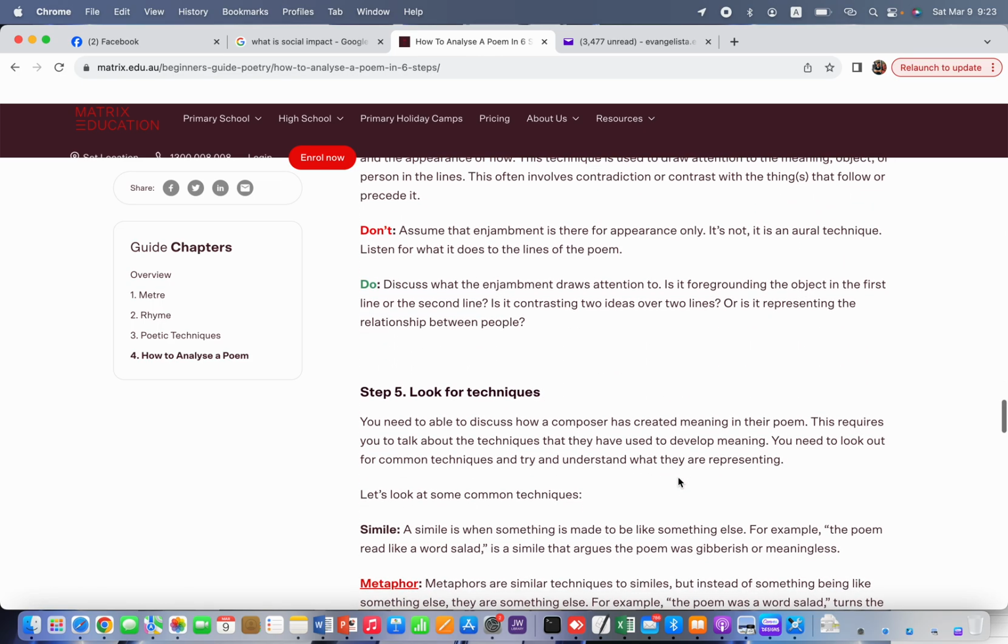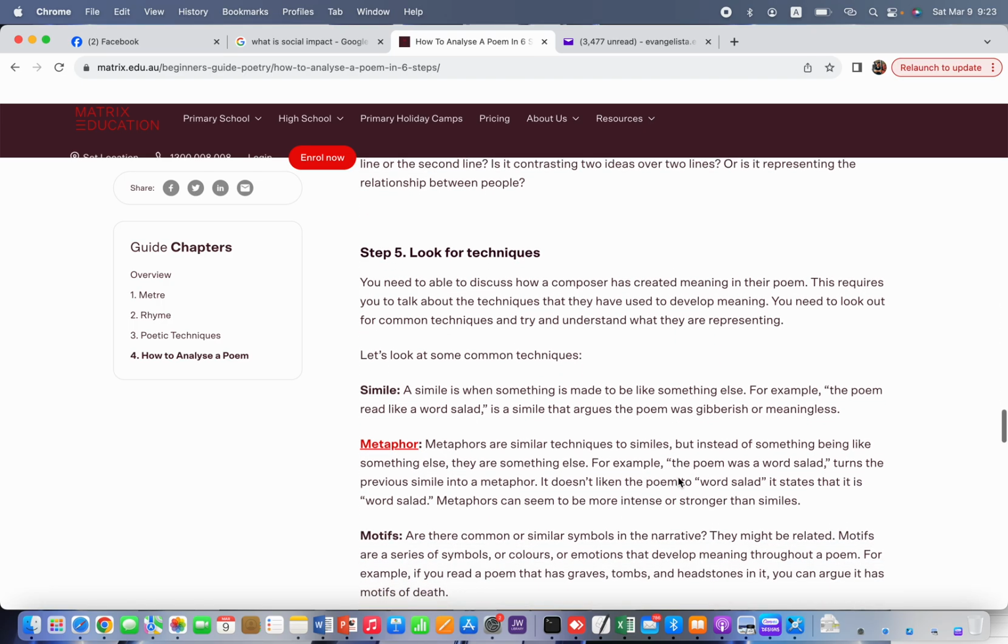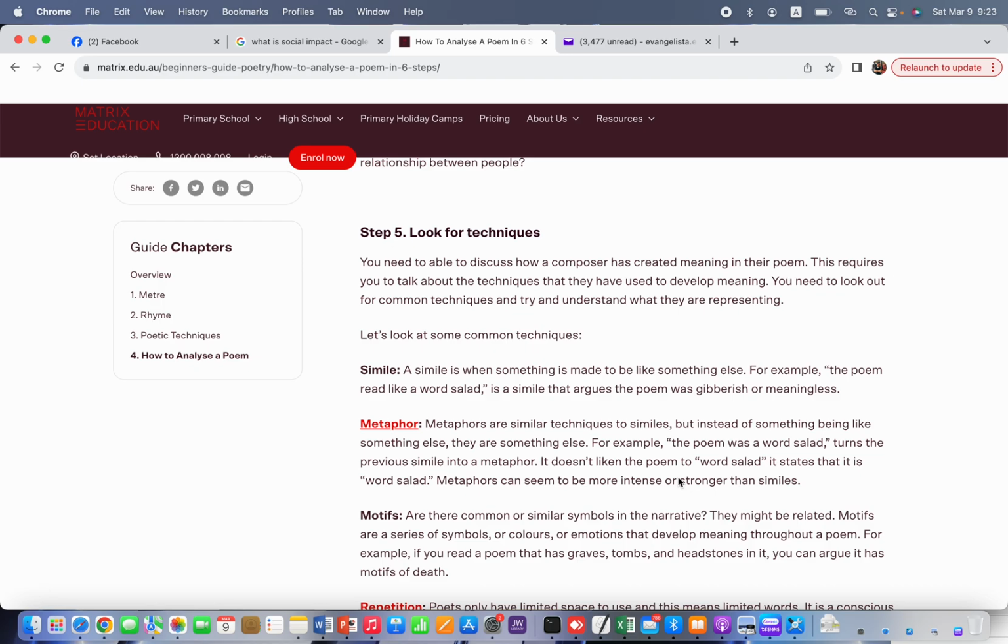Next, look for techniques. What are the techniques used by the writer? Well, if it's a free verse, you just have to follow through with the thought process of the writer. Or if it's more of a stanza type, you have to identify the meanings behind this.